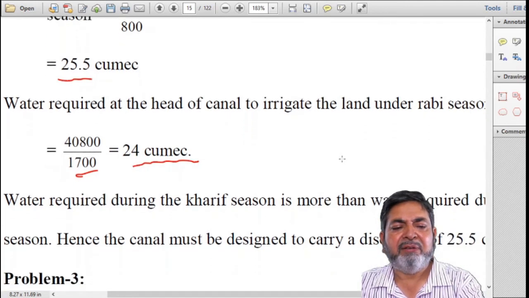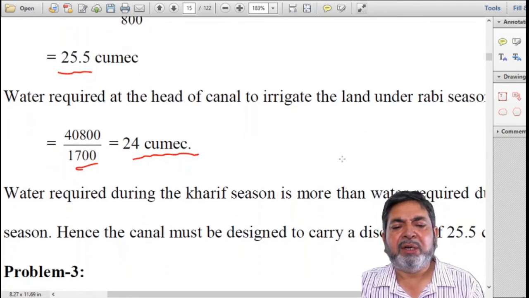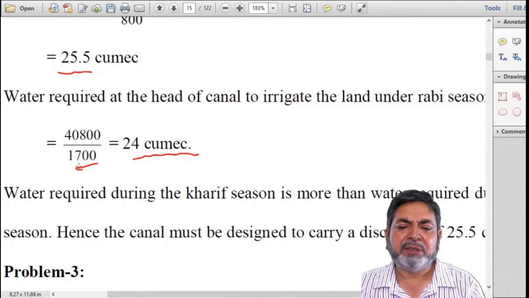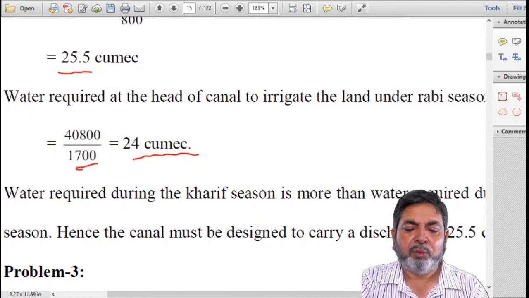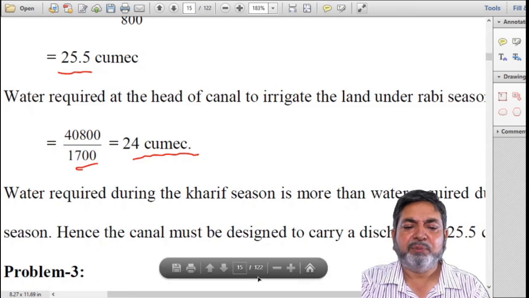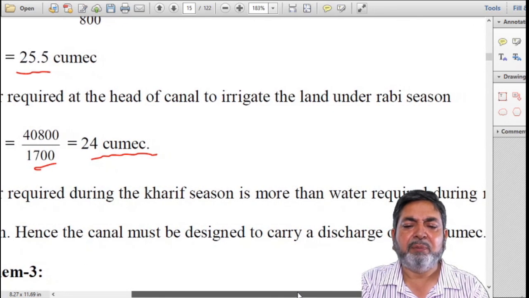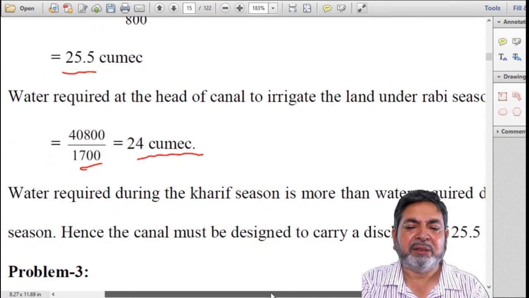And here I have written that water required during Kharif season is more than the water required during Rabi season. Hence the canal must be designed to carry a discharge of 25.5 cubic. Understand? Sometimes some students make the mistake of adding the two discharges.